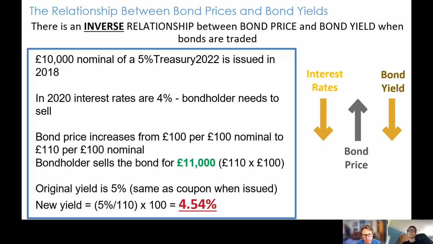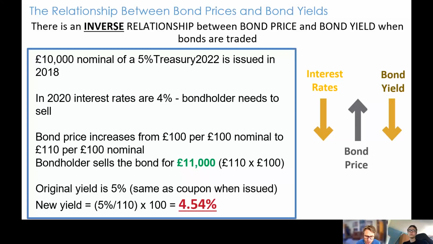If you look at the relationships we've got here: interest rates down, bond price up, bond yield down. The interest rates have gone down in relationship to the coupon. Two years after the bond has been issued, interest rates have gone down below the coupon rate of 5%, so our bond price will go up because our bond looks more attractive to investors. As a result, our bond price is no longer £100 per £100 nominal; it's now £110 per £100 nominal.